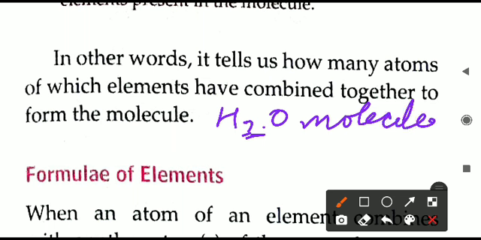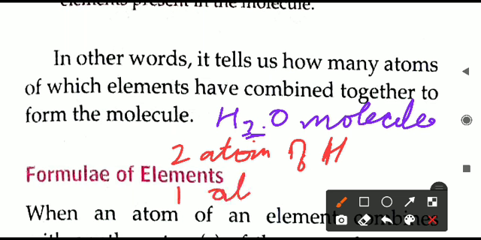Here you can see different symbols, H and O. Below H, 2 is written, that means two atoms are there, but of what? Two atoms are of hydrogen, not oxygen, because it is written near H. Then next, O, no number is written, so there is only one atom of oxygen.